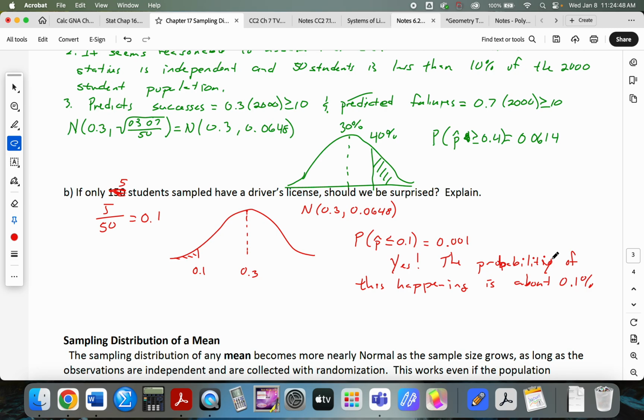This is an idea that we're going to use later on in this section. You're going to be given a sample of a particular size. You're going to find the mean, and there's some claim that the proportion was this, or that the mean was this. How likely, if the stated value is correct, is it that I would get this kind of a score?